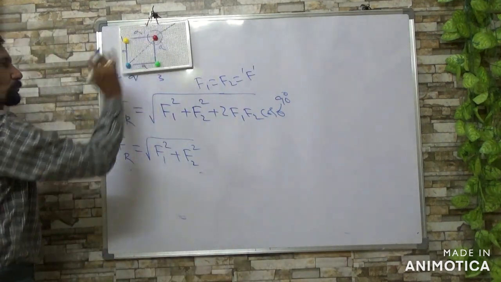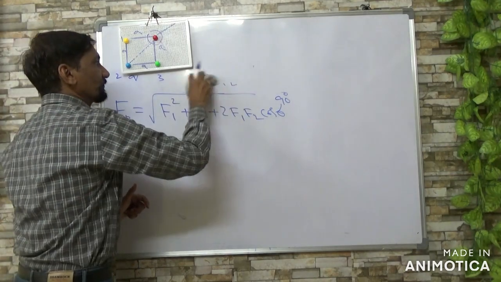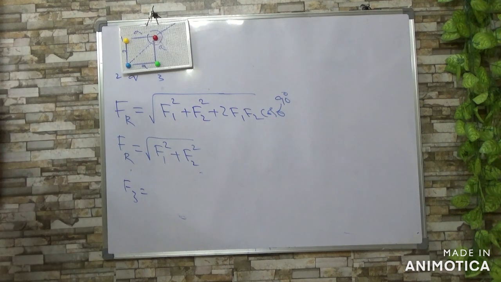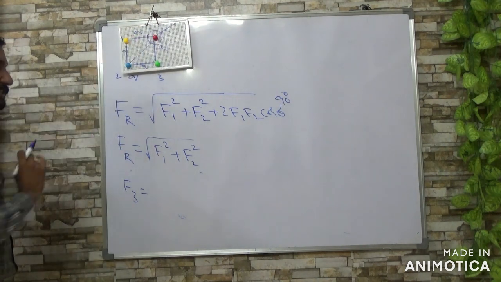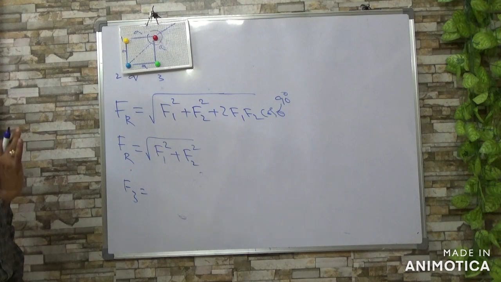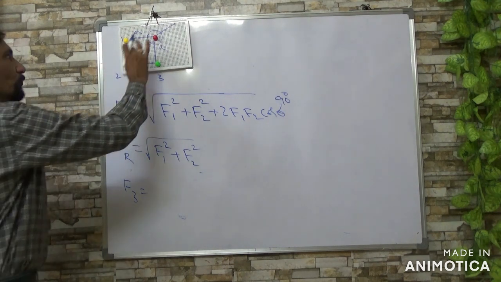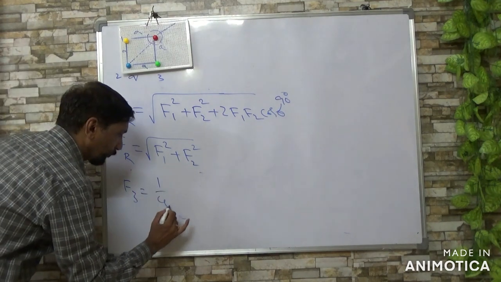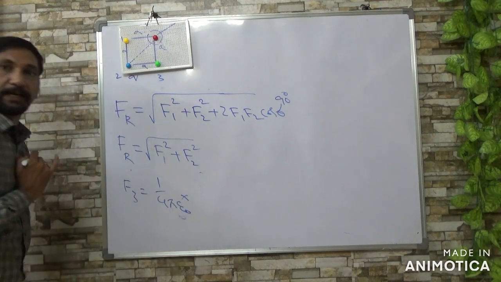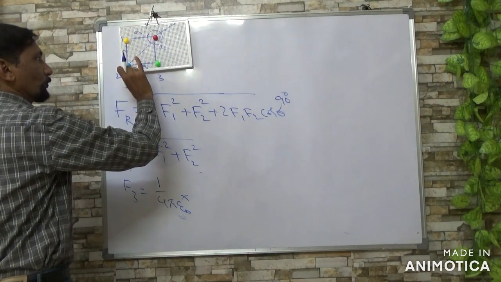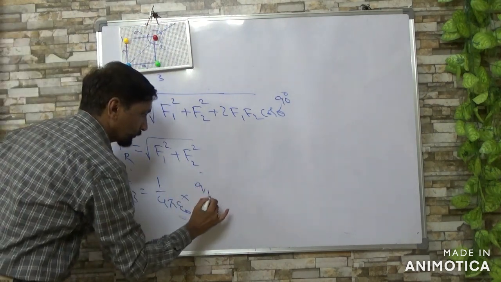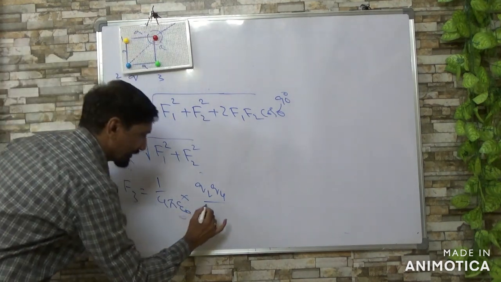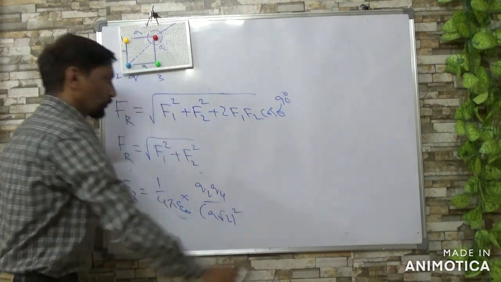The charges are different, the distance is the same, but the charges are different. So the force between these also you can find: 1 by 4 pi epsilon naught, say this is Q2 and that is Q4, by the separation, so the diagonal distance A root 2, whole square.